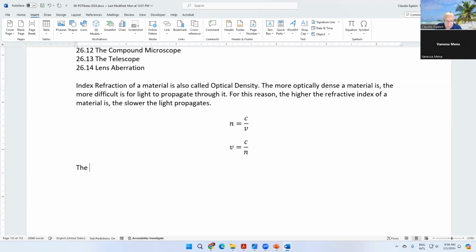The higher the index of refraction, the slower is the propagation of light. Then the definition of optical density.